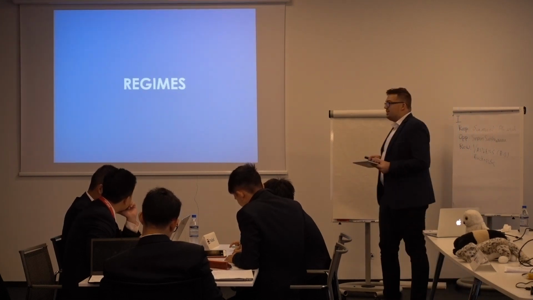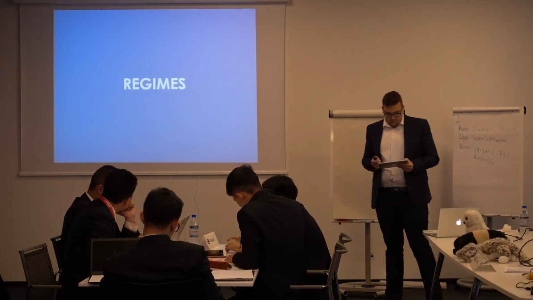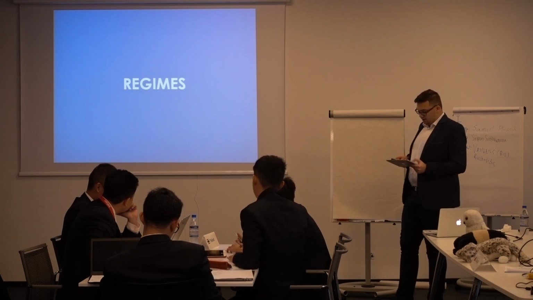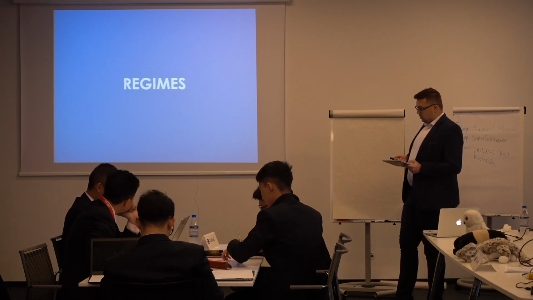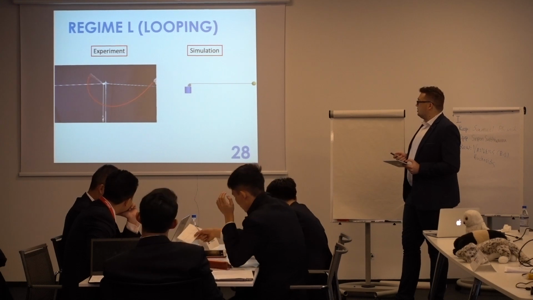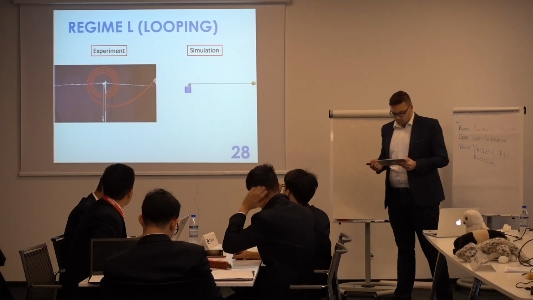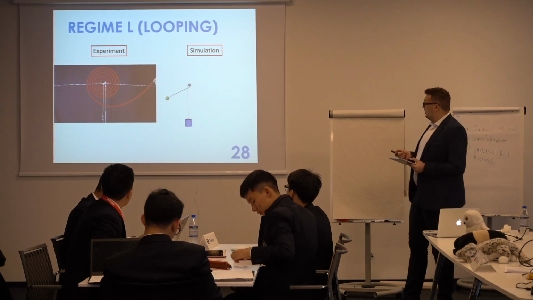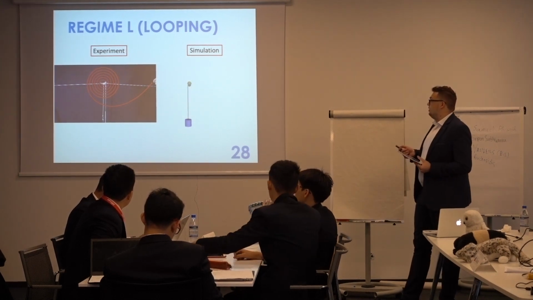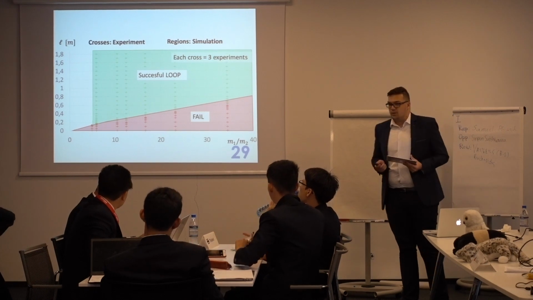Now, we can take a look at the different regimes that occur in the system. Again, this is the first regime, the looping, and we can plot a phase diagram.